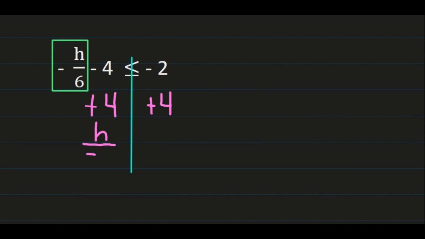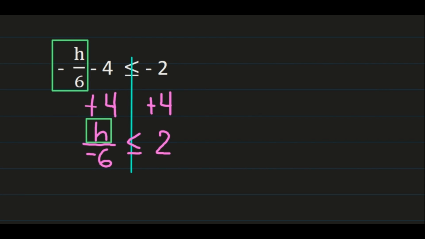I'm going to rewrite this as h divided by negative 6, which is the same thing as negative h divided by 6. Then on the right, I'm adding integers with different signs, which means I am subtracting. 4 minus 2 is 2, and I keep the sign of the number of the larger absolute value, which is the 4. I didn't do anything to need to switch the inequality sign, so it'll stay a less than sign.